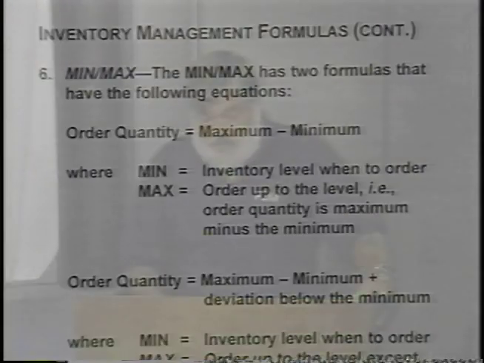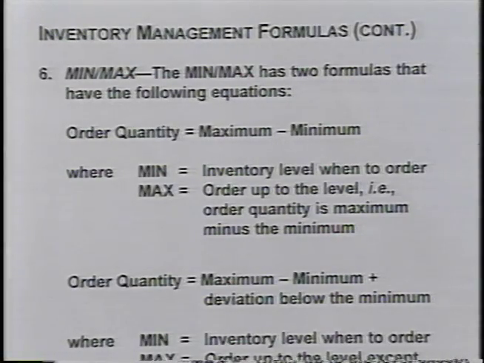Now, moving on to page 10B, item 6 is the first of the two min-max applications. In this case, the order quantity is equal to the max minus the min, therefore the min is equal to 0. And we go through the definition of the ordering requirement.